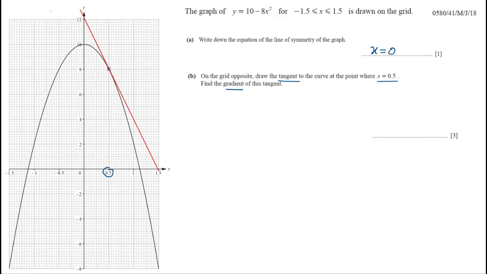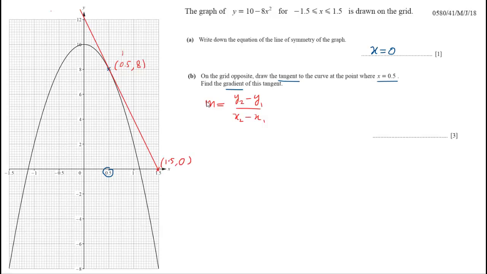To find the gradient of this line, we use the formula m is equal to y2 minus y1 over x2 minus x1. The coordinates of this point are 0.5, 8. And let me take another point. The coordinates of this are 1.5, 0.